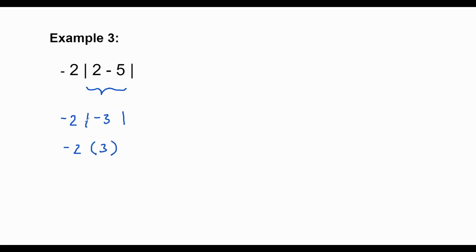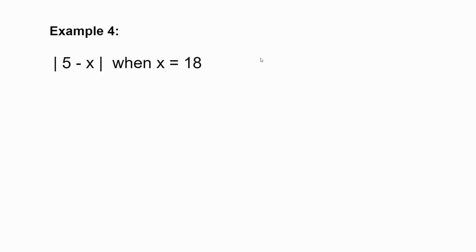So in this case, we can replace the absolute value symbol with a regular parenthesis after we strip off the negative sign. -2 times +3, our answer is -6. An example again where our ultimate answer was still negative, even though the result of what we did inside the absolute value symbol was positive.